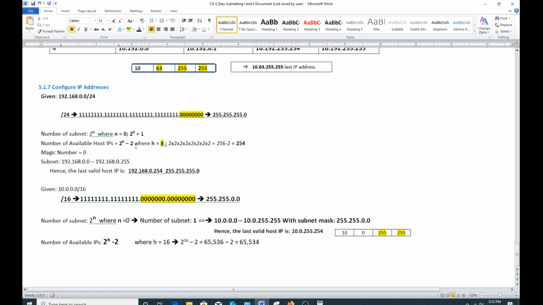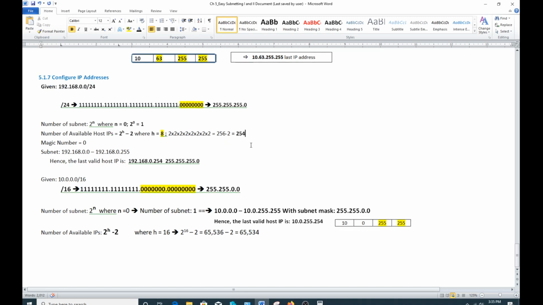Only one subnet. How about the available host IPs? Well, it's 2 to the h minus 2. What is h? h is 8, so 2 to the 8 minus 2 is equal to 254. So there are a total of 254 valid IP addresses. And the lab said that we need to assign the last IP address to that network. Well, what is the last IP address?